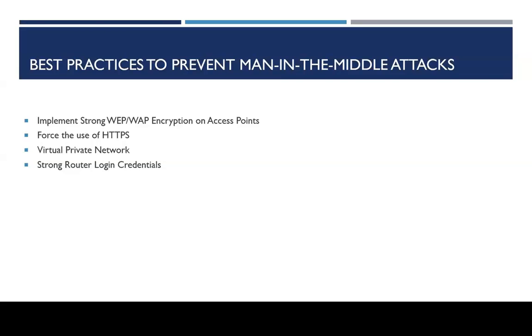And also, make sure you use strong router login credentials. I've seen a scenario where some ISP guys came to set up an access point within an organization, and then they used the default password of the router.